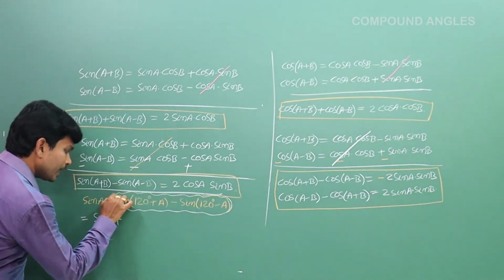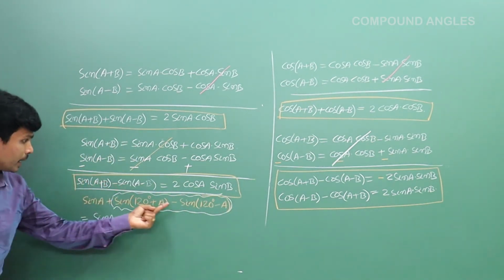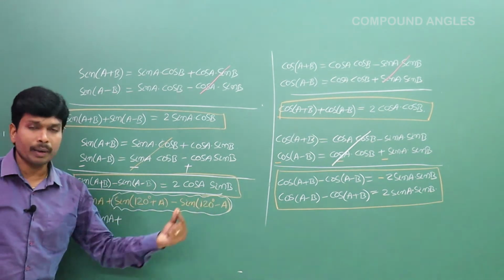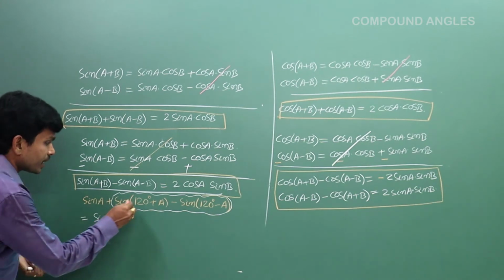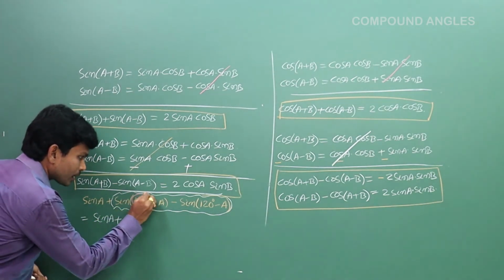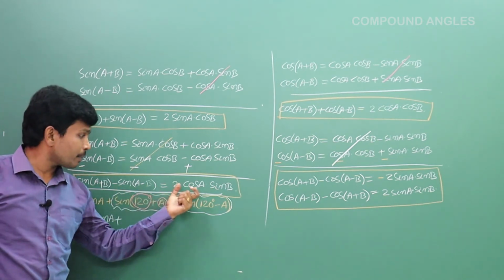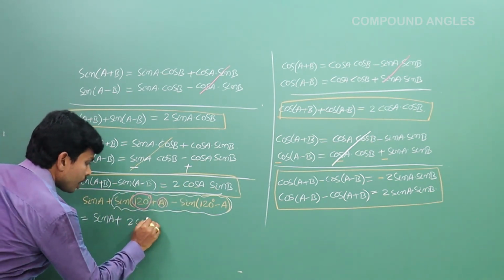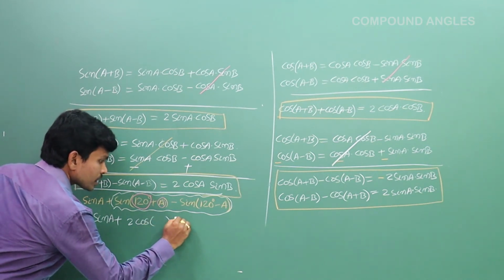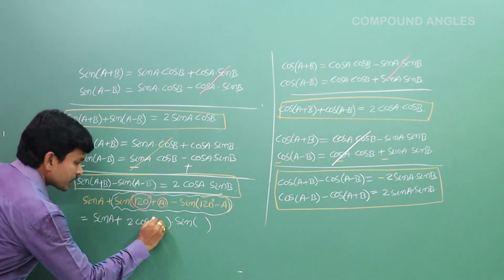What is the immediate formula? It is in the form of sin A plus B minus sin A minus B. What is the A value here? 120 degrees. Yes or no? And what is the B value? A. Sin A plus B minus sin A minus B formula, you got it. 2 cos A sin B. What is the A value? 120 degrees.